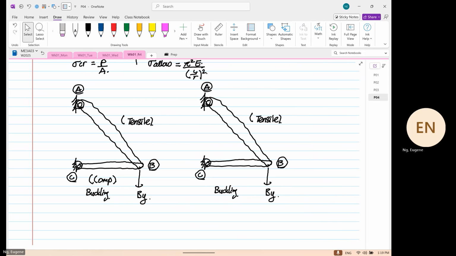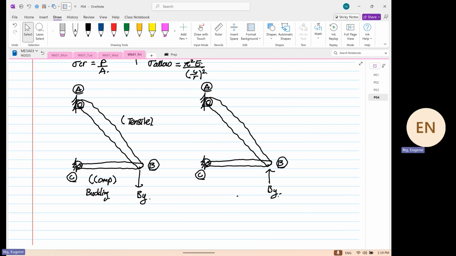Now, if we were to take the whole thing again, what will happen if we were to push this up? Which one do you have to do buckling?